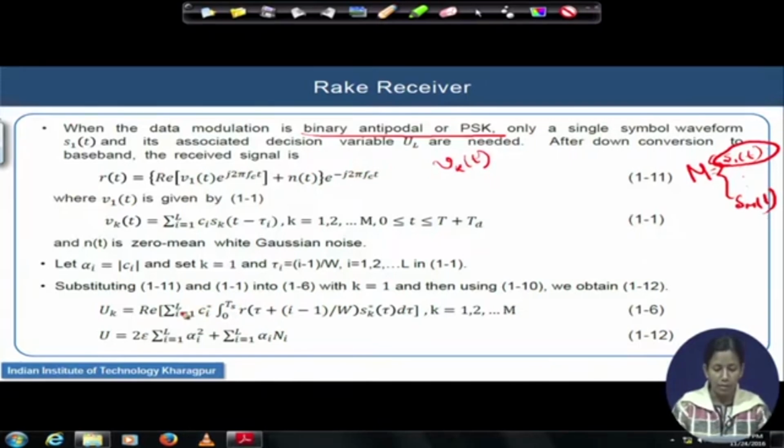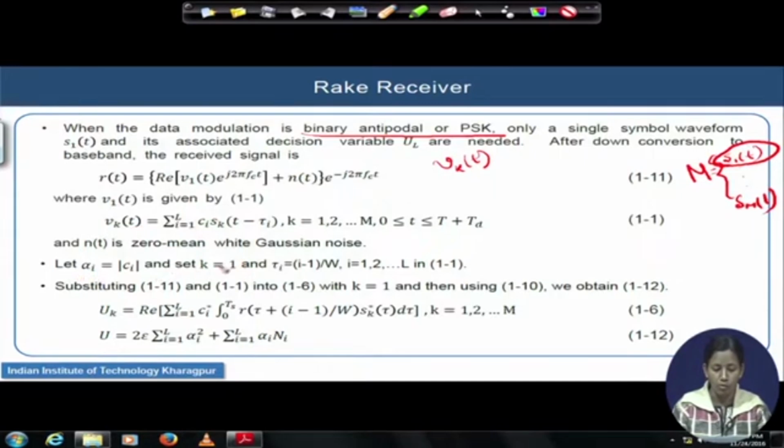Now, let us consider two things. Number one, let us substitute the value mod Ci as alpha. Ci is a complex quantity, so we take its modulus and define a new symbol alpha i, and we understand that k is equal to 1.